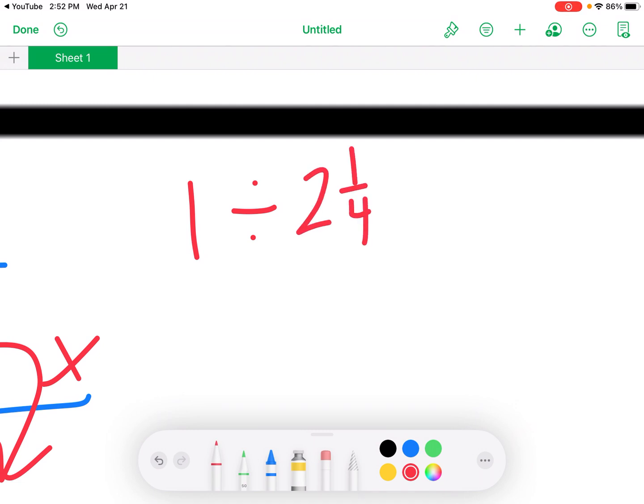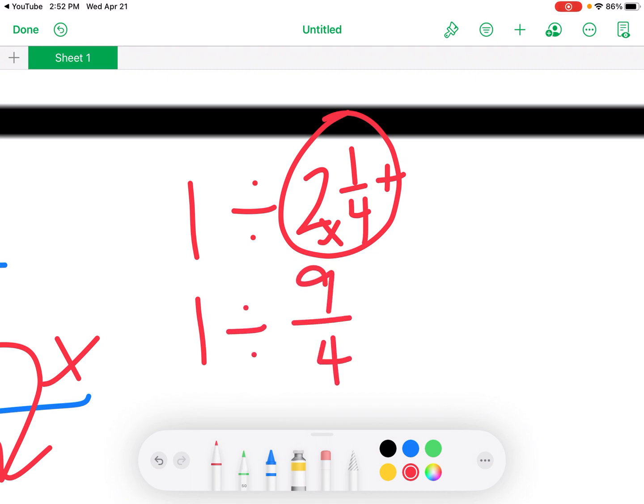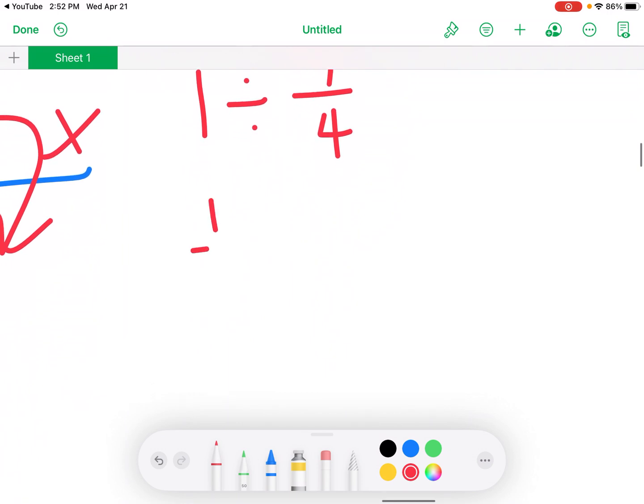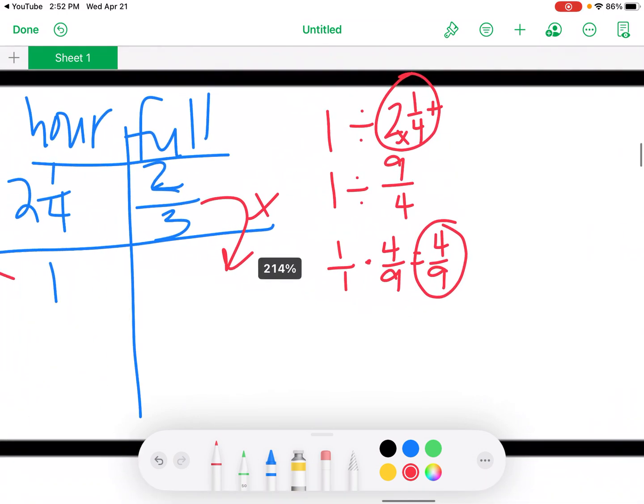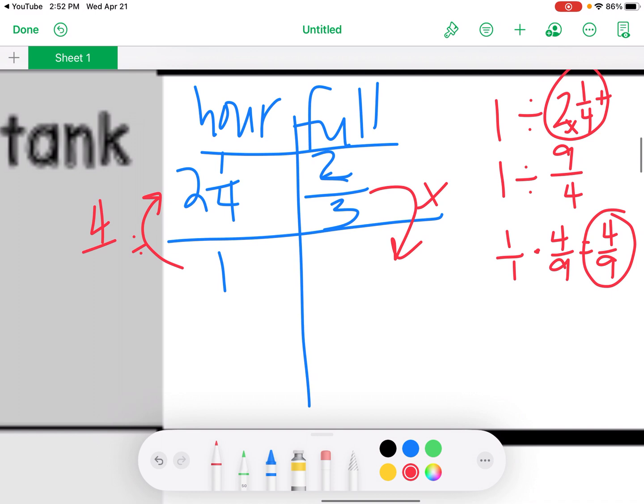and 1/4. So I'm going to go around the world. So 2 times 4 plus 1. So I have 1 divided by 2 times 4 is 8, plus 1 is 9, 9/4. So then I keep change flip, 1 over 1 times 4 over 9, and I get 4/9. So if I divide by 4/9, I'm going to multiply by 4/9.